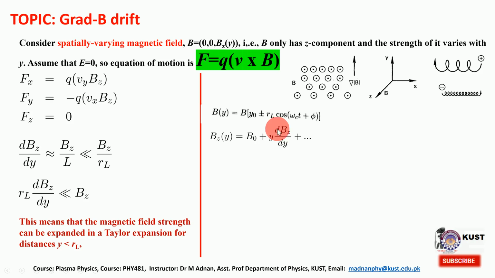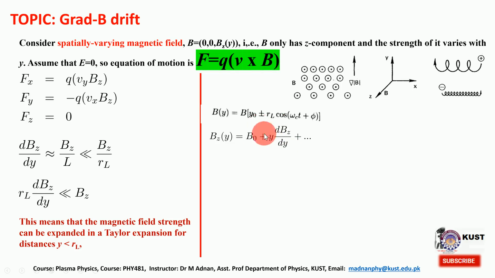So this magnetic field can be expanded using the Taylor series such that this is the profile of the B field, varying along the y direction. We just have to keep the first order corrections to that B field.